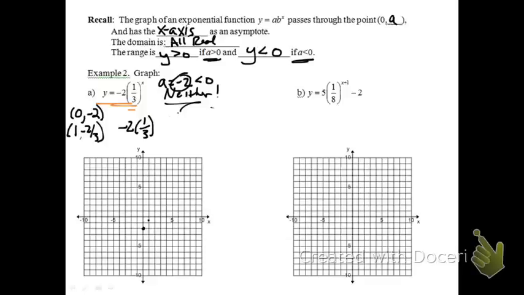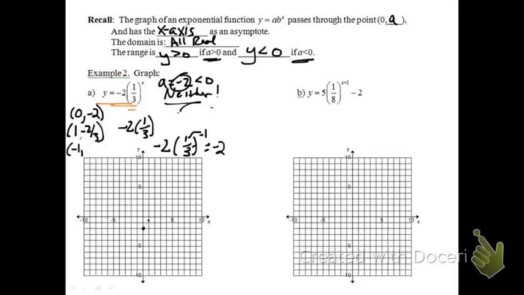Now, rather than plug in 2, I'm going to plug in -1. I kind of like plugging in 0, -1, and +1 for these guys, as you'll soon see why. If I plug in -1, I'm going to have -2 times 1/3 to the -1 power. Let me really analyze this so everybody's clear.